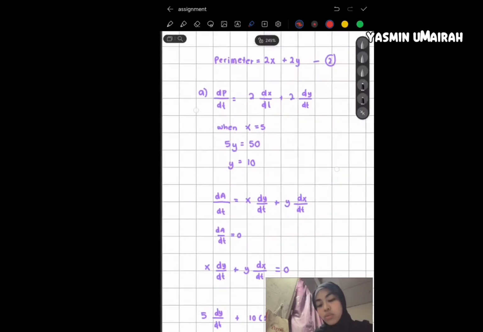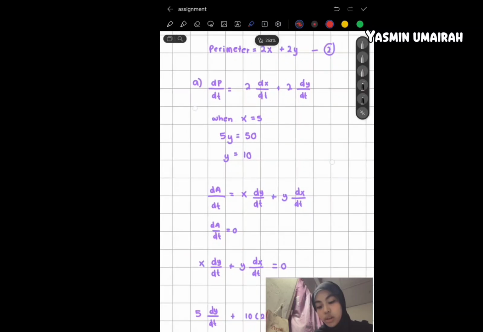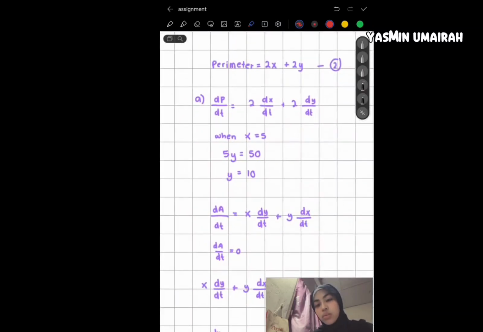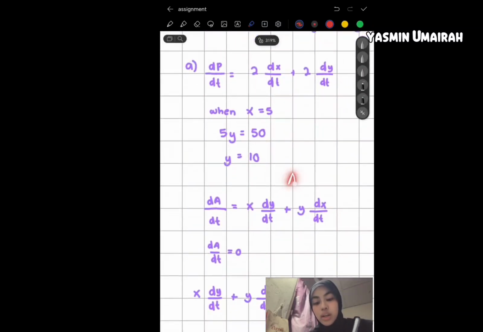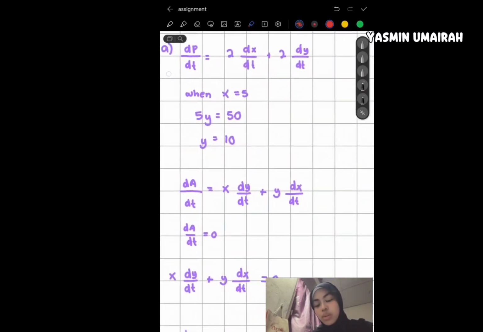From the area, we need to find the rate of change of area. We know the area is xy, so we have to use the product rule.